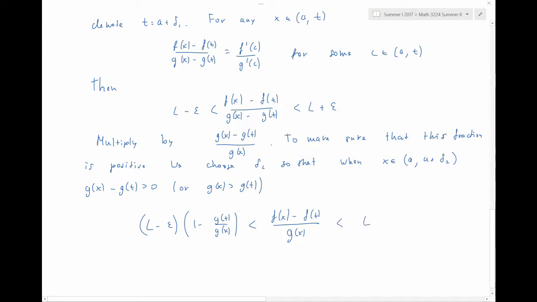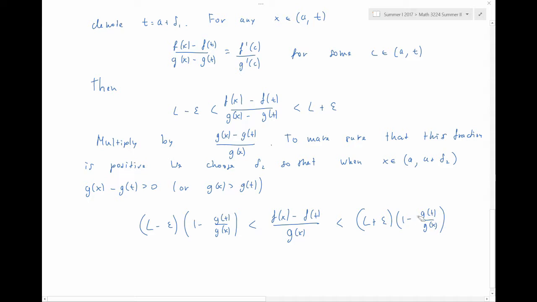It will be less than L plus epsilon multiplied by 1 minus g of t over g of x. The reason why I rewrote this ratio of g of x minus g of t over g of x as this is to emphasize the fact that g of x converges to infinity as x converges to point a, so this fraction can be made smaller than any epsilon.